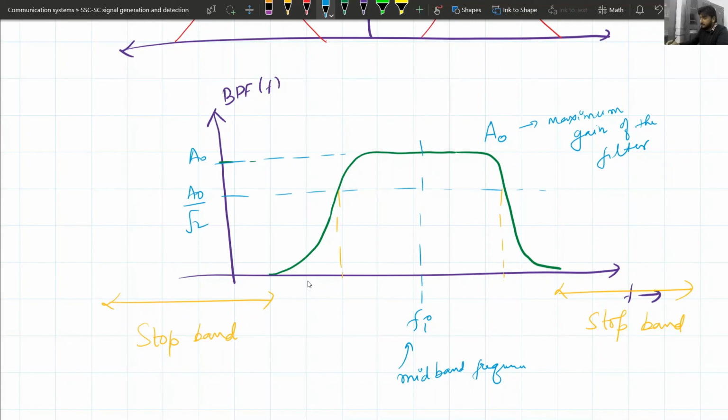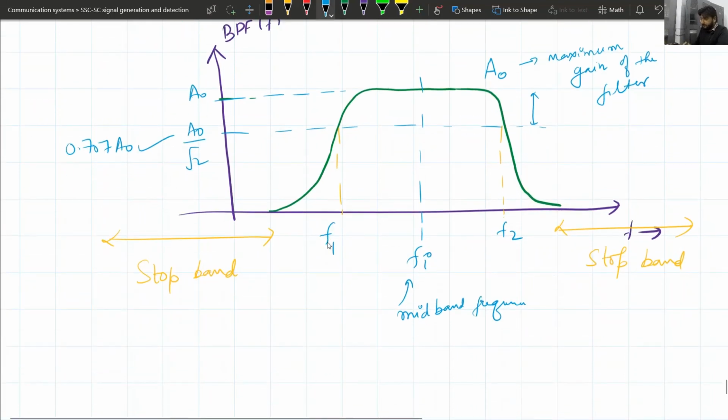And the frequency at which the gain reduces to 1 by root 2, or you can say 0.707 times A0, let's call it F1, F2.